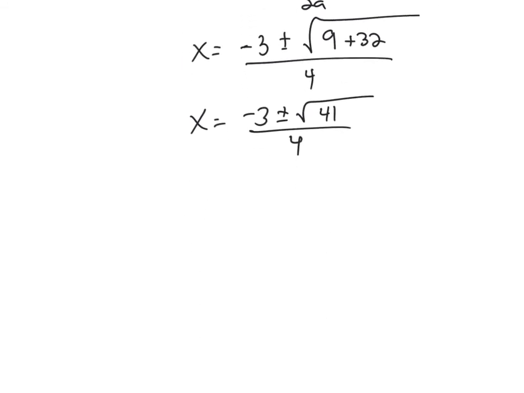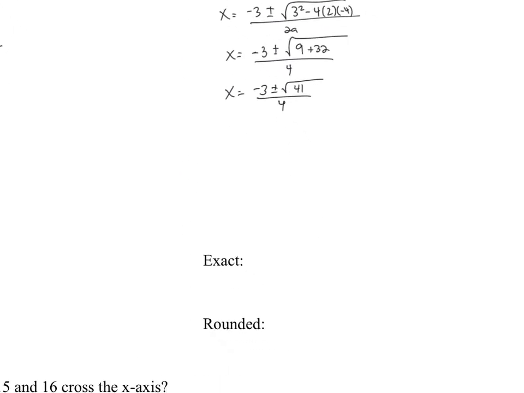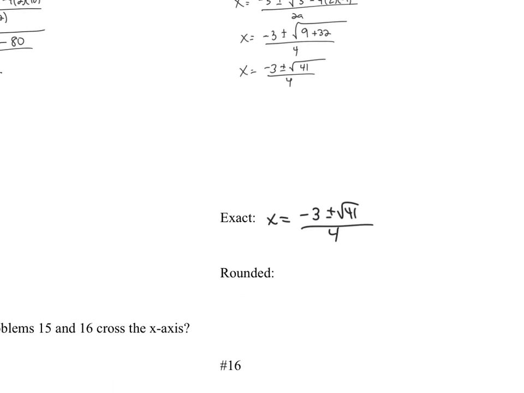So that's going to be our exact answer: negative 3 plus or minus the square root of 41 over 4. So then for the rounded answers, we're going to do negative 3 plus the square root of 41 over 4, and that is approximately something. I'll type that in.